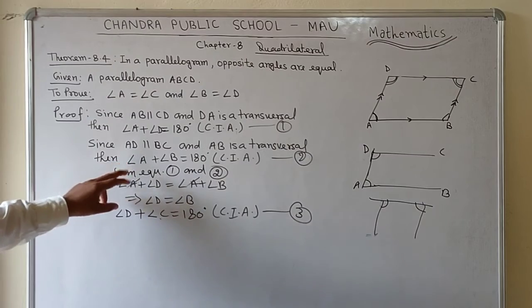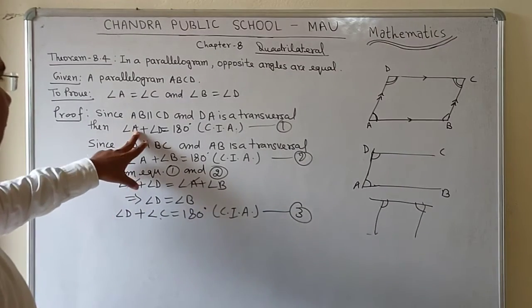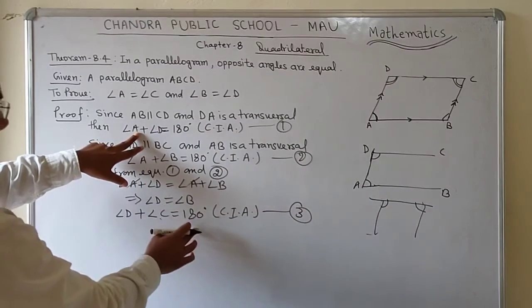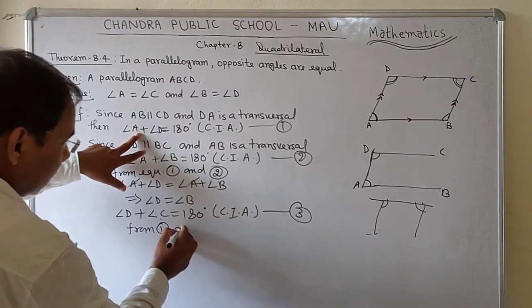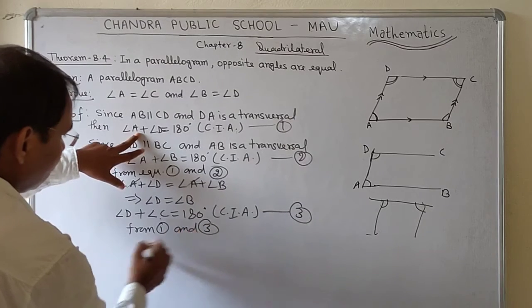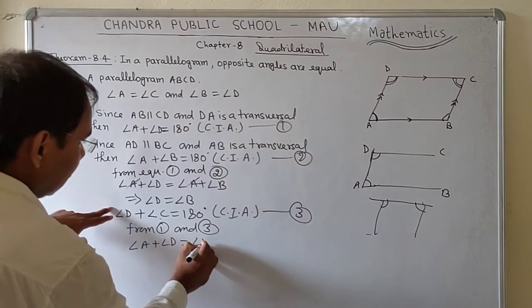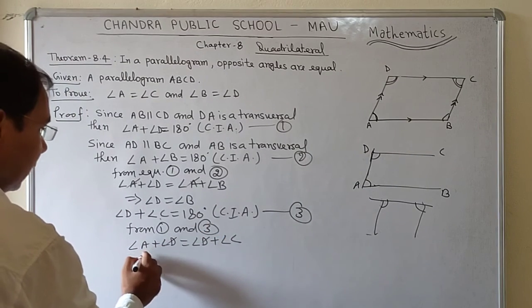Now compare equation 1 and equation 3. In equation 1 the sum is 180, and in equation 3 the sum is 180. So from equation 1 and 3, you can write angle A plus angle D equals angle D plus angle C. Here angle D and angle D will be cancelled.